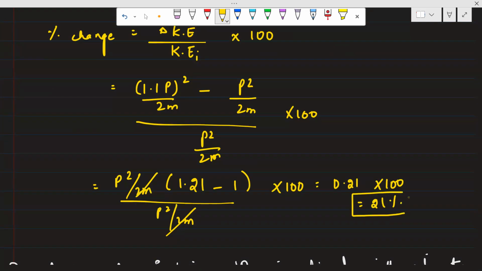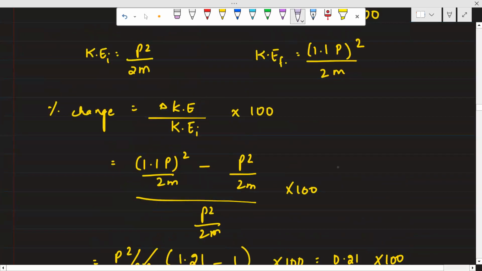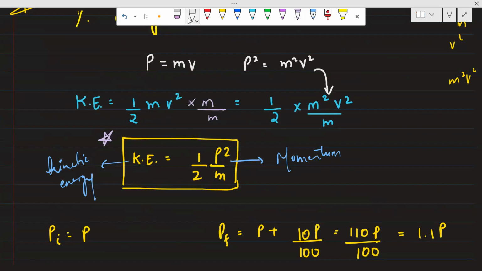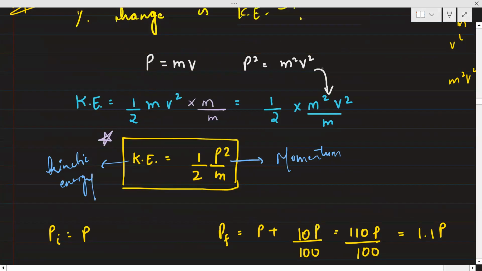So this would be the percentage change in kinetic energy. More importantly, this was how you use percentages, but this is a completely new concept, in the sense that whatever you've studied in momentum gets related to it.